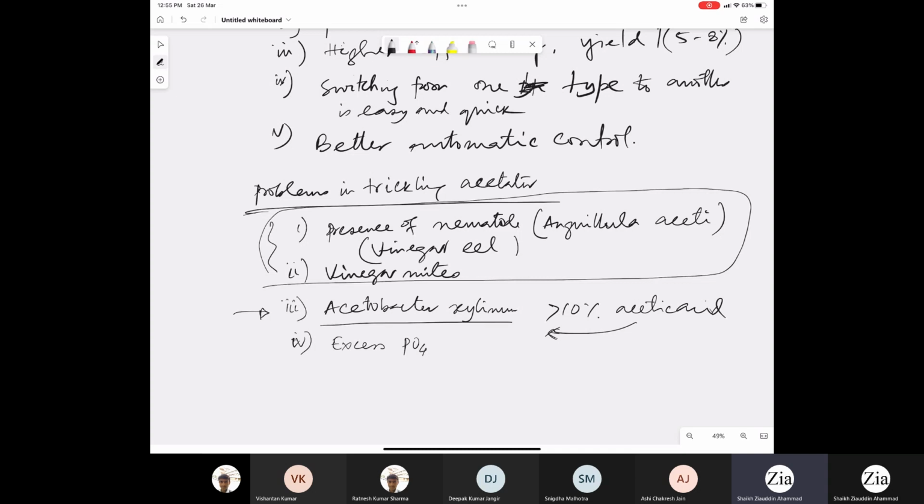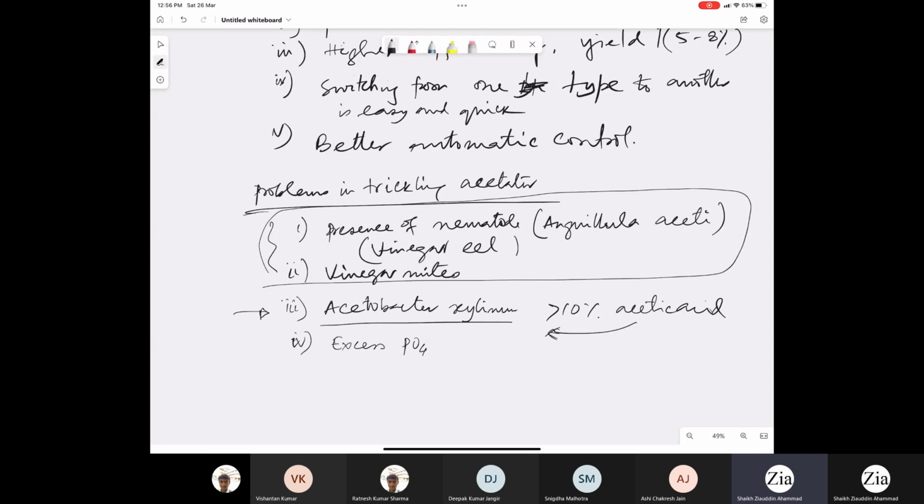So if you use a lot of hard water, because you are having only 12% acetic acid in the final product, and the remaining portion will be compensated by the water. So if you get 80% water and that water is having a different kind of quality, then that will also have an impact on the quality of the vinegar.